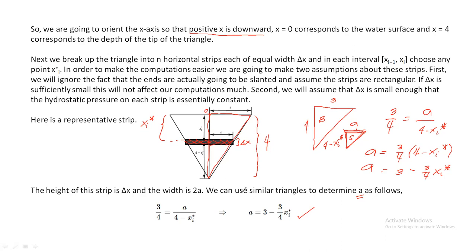Anybody? Why do we need this equation? Why look for this equation that will express A as a function of x sub I asterisk, the location of the differential area from the surface of the submerged triangular plate? Why express it in terms of x?